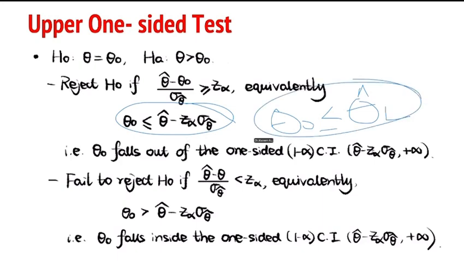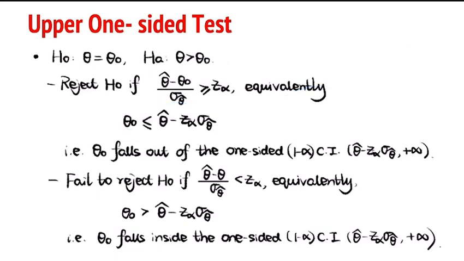Now you're going to reject, which means theta naught falls outside of the one-sided confidence interval. When you look at the one-sided confidence interval for lower that we talked about before, you remember I showed you the other time, it goes from this value to infinity.